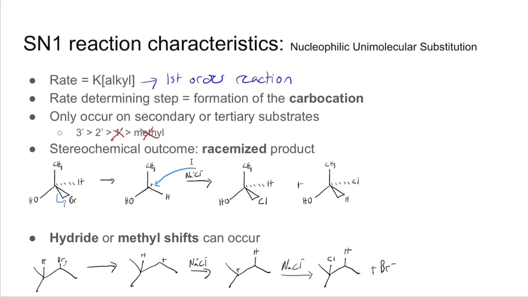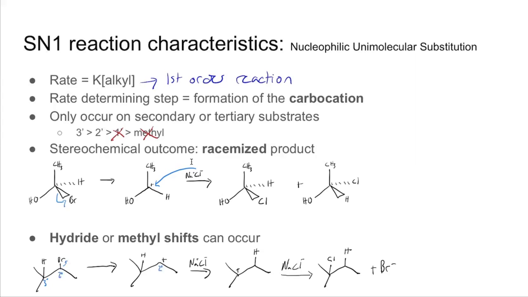The carbon on the left is a tertiary carbon, or tertiary substrate. And the carbon that has the bromine, this one over here on the right side, is a secondary substrate.